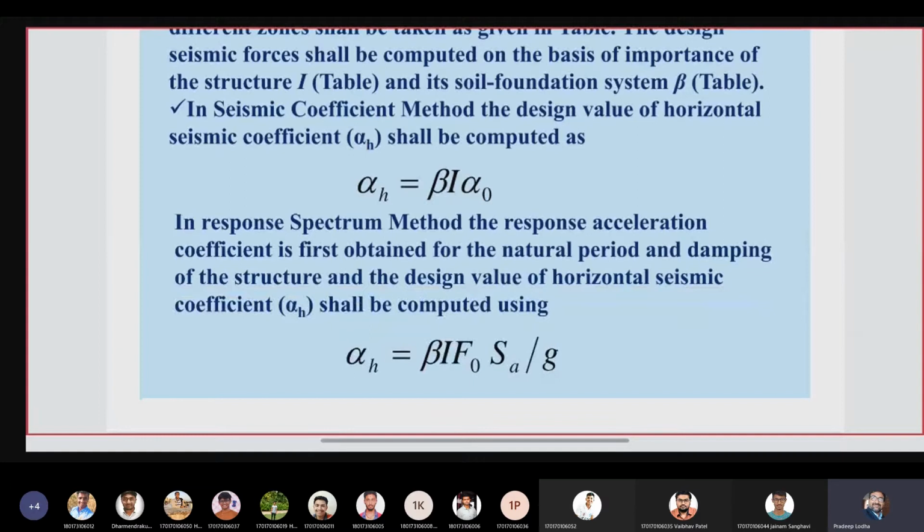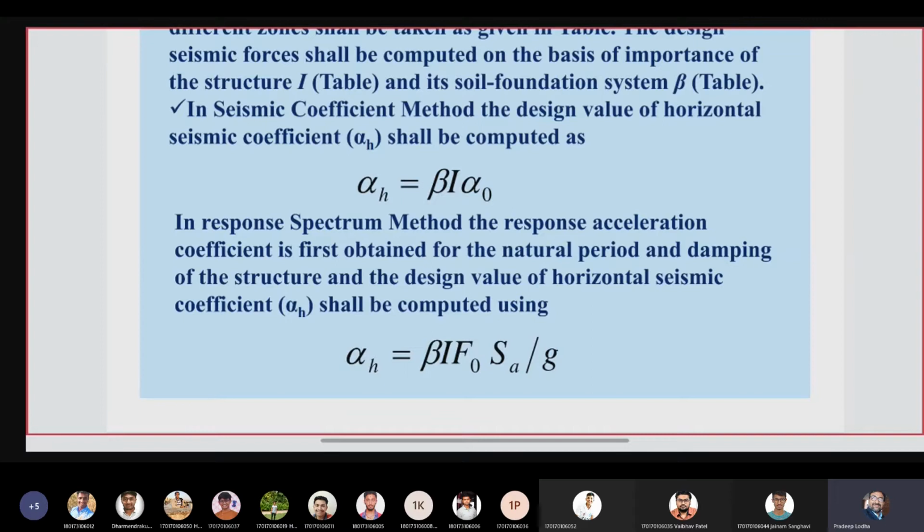We need to understand only the terminology in these two formulas. Both are the same. One is valid for structures having 100-meter height or less, and the second one is for above 100-meter height of gravity dams. So here we are using beta I F0, and in the other, alpha 0 Sa by g.